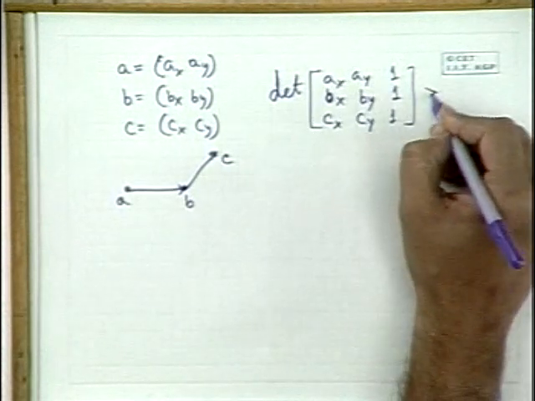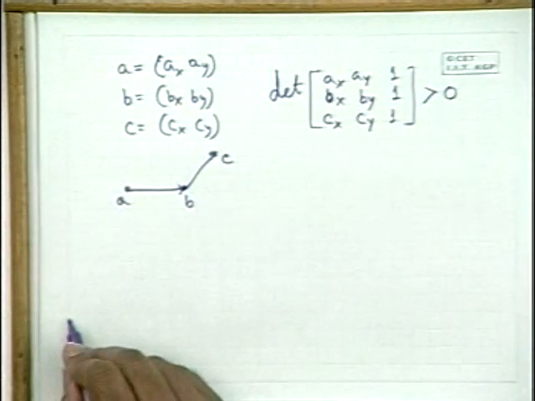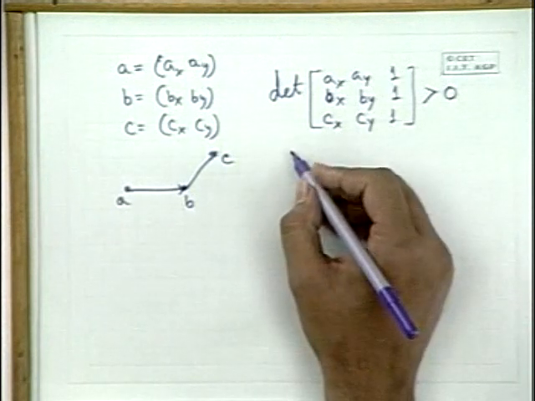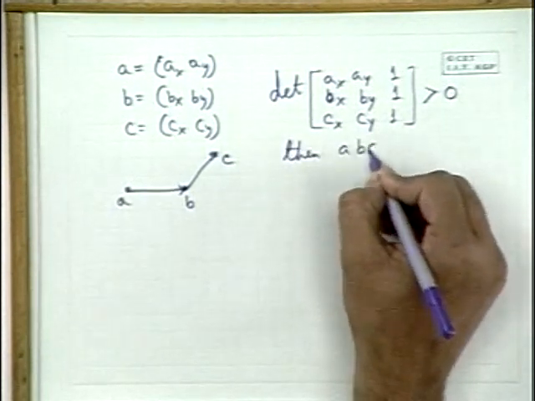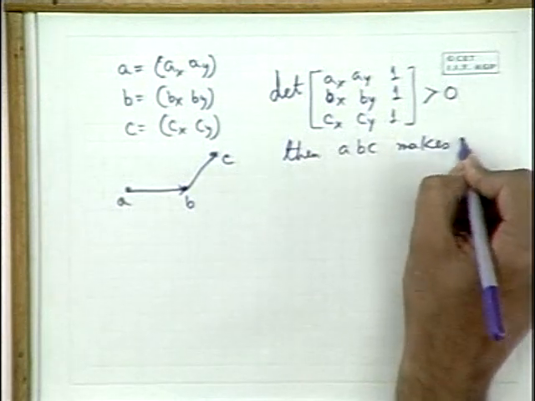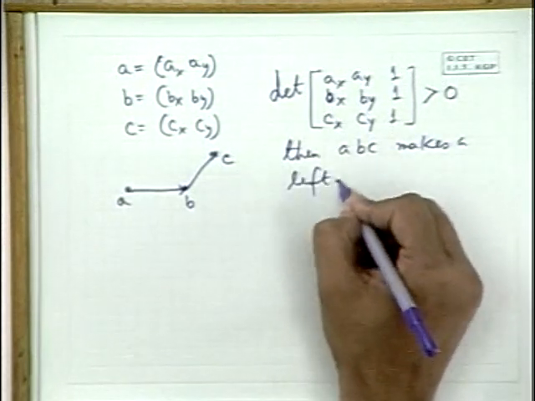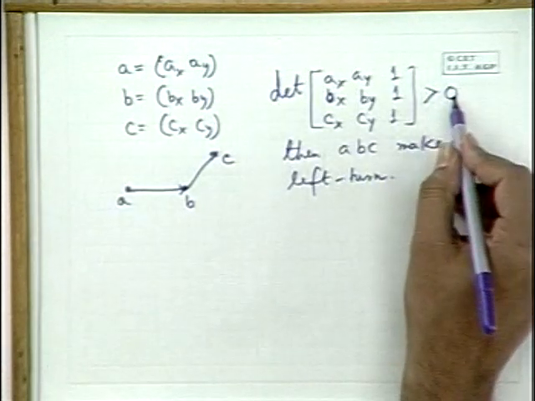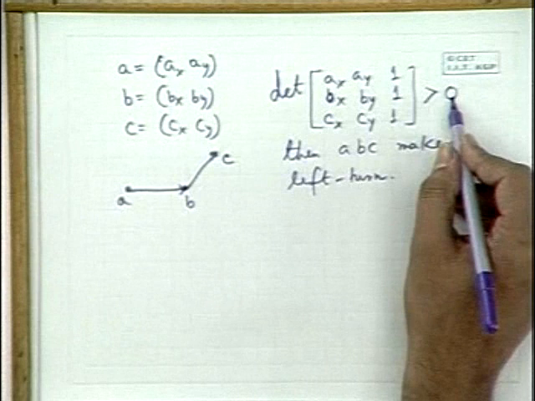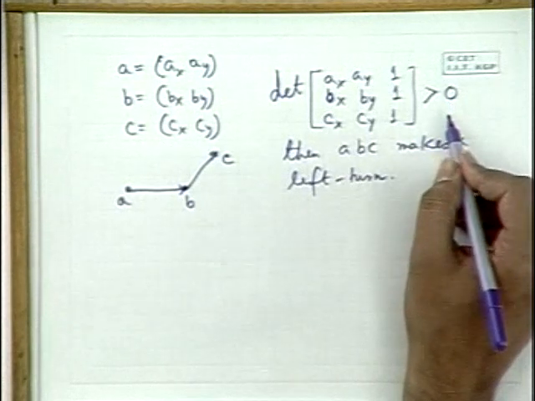If this determinant is greater than 0, then ABC makes a left turn. If it is less than 0, then it makes a right turn.